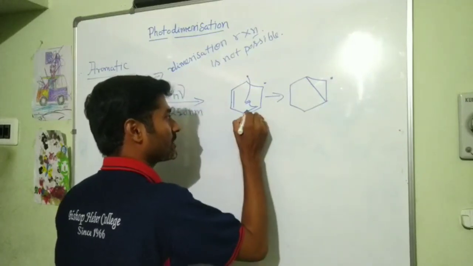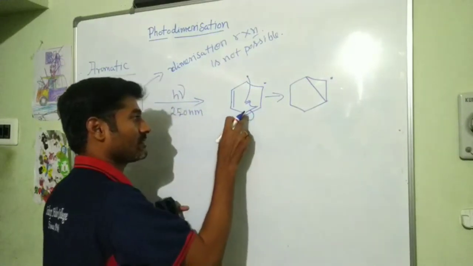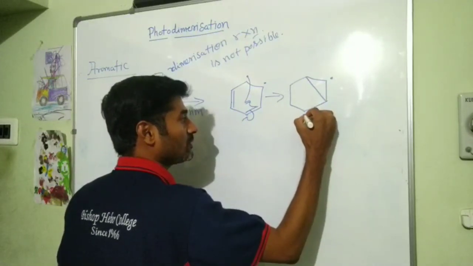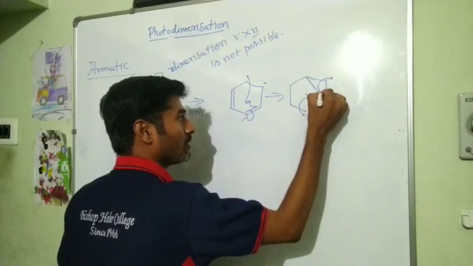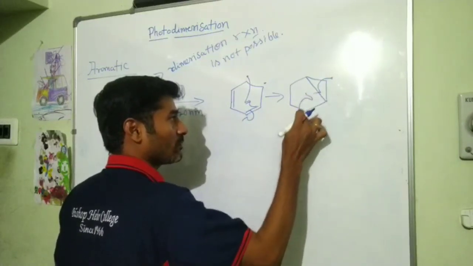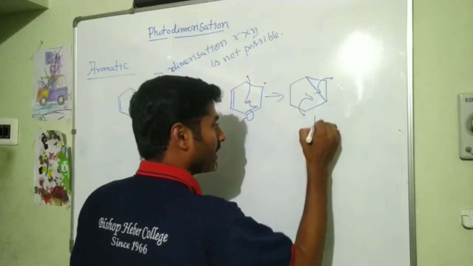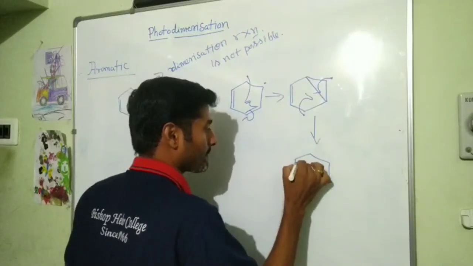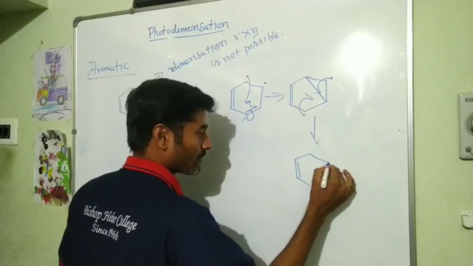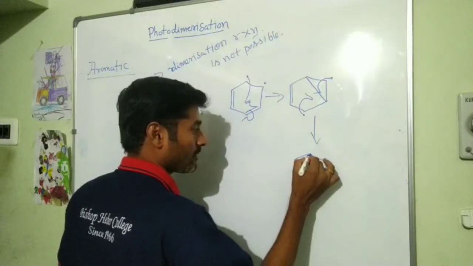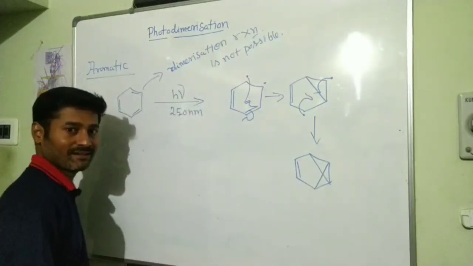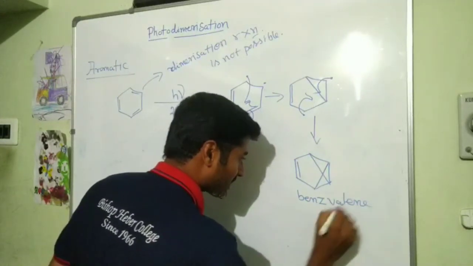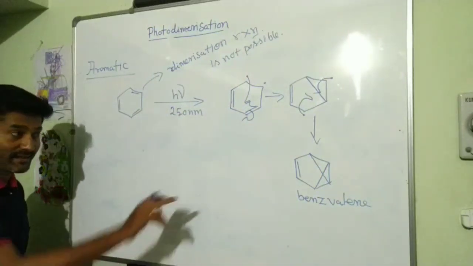And another radical will come and sit on this carbon, and now between these two carbons, these two electrons will combine. So this is benzvalene, an isomer of benzene, another isomer of benzene.